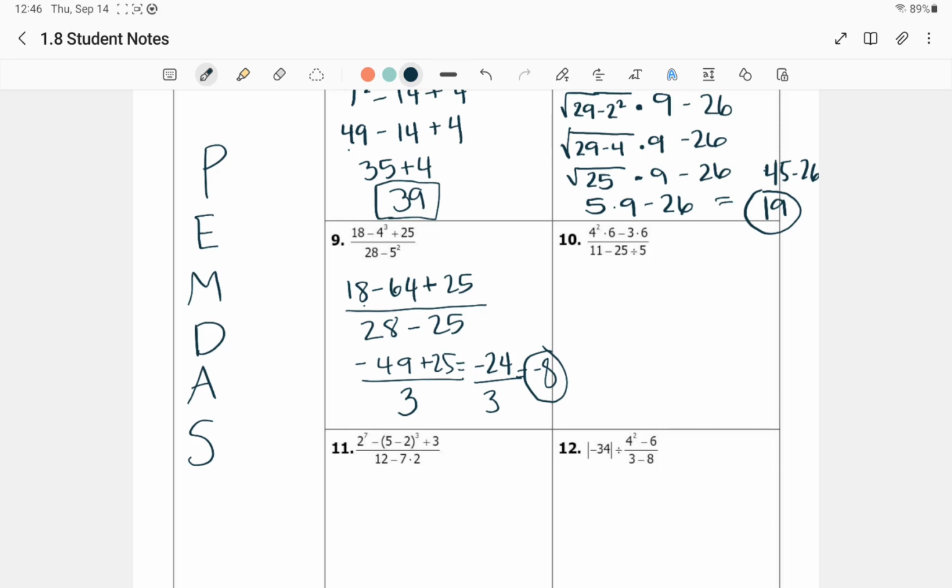It's 46. Oh, I can't do my math. Sorry, guys. 46. All right, then 46 plus 25 will give me 71. And so it just changes a little bit. It's just 7. I feel like I got 7 before, which I did, but I couldn't remember. I was like, I don't remember that being 8.